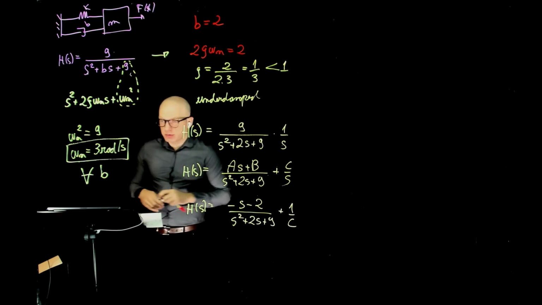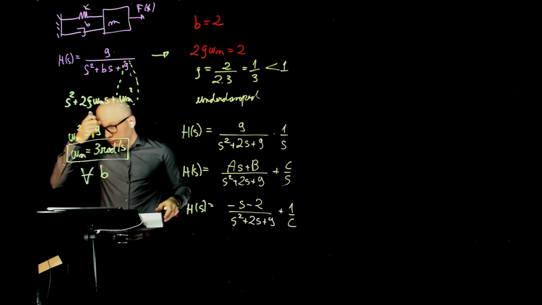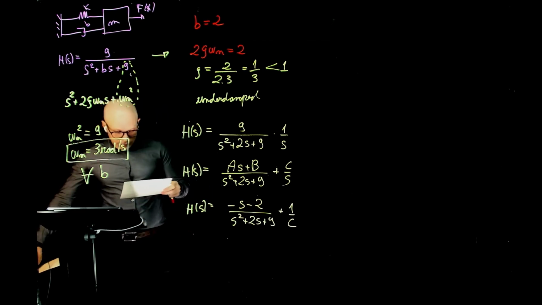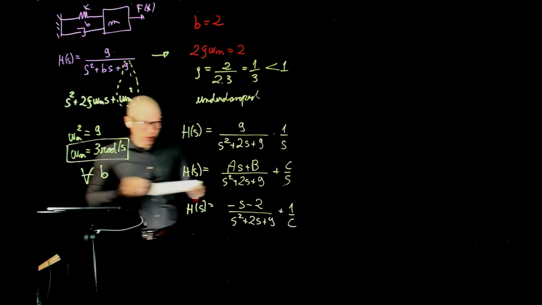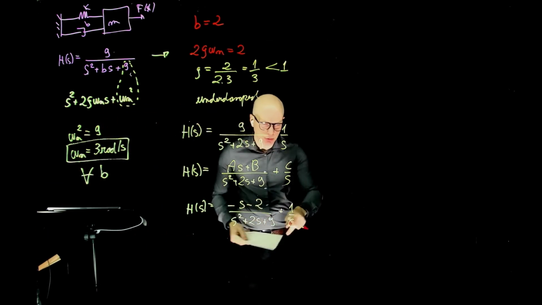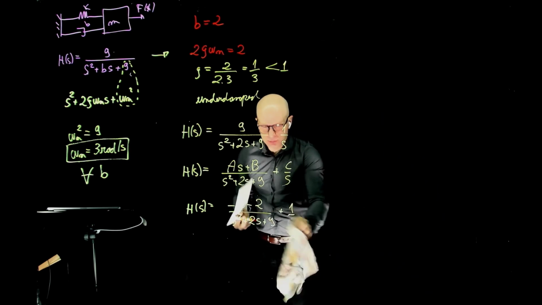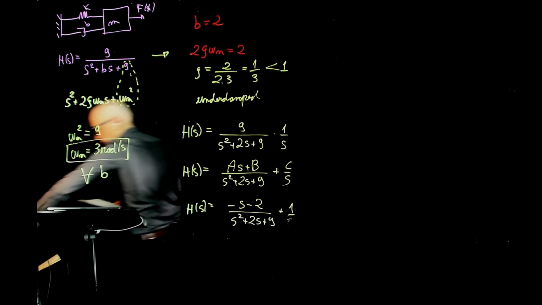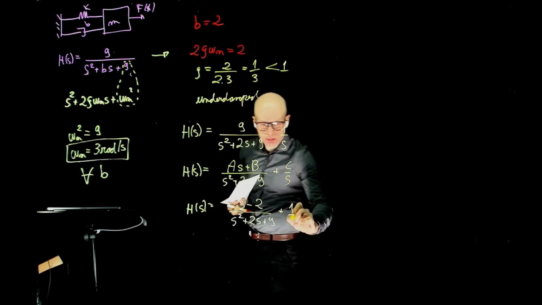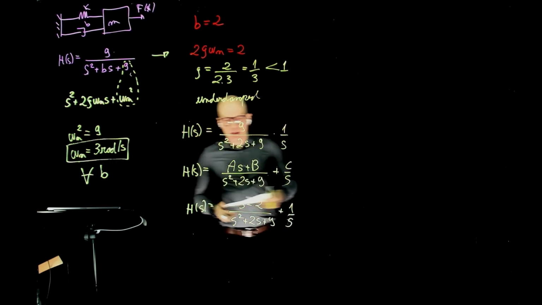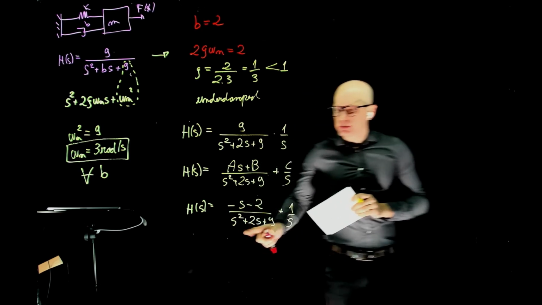How do you do the inverse of this thing now? Well, this gets a bit tricky because, well, we know how to do, sorry, I wrote 1 over c, it should be 1 over s here. It gets a little trickier because of this entire fraction.